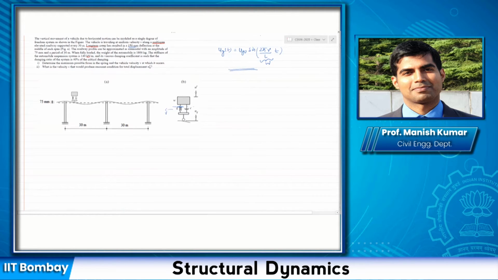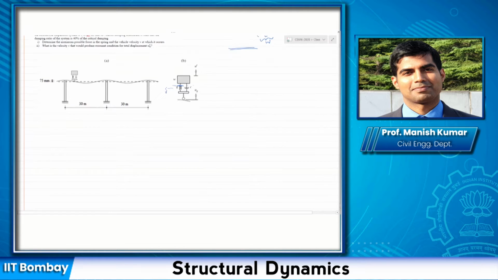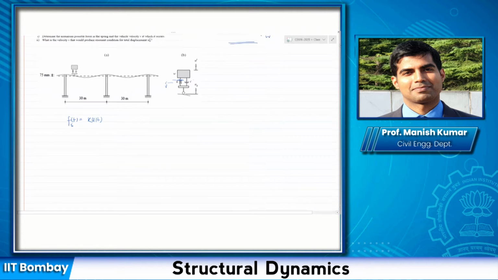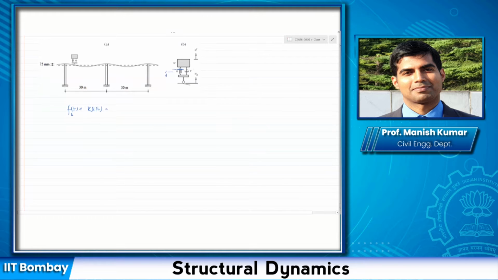The first part asks what is the maximum value of the force in the spring. If you consider the force in the spring, I can write it as k times u(t). This is the force at any time t. And what is u(t)?